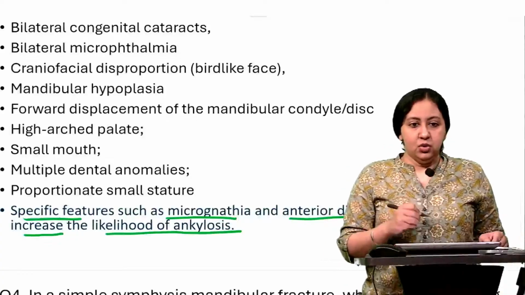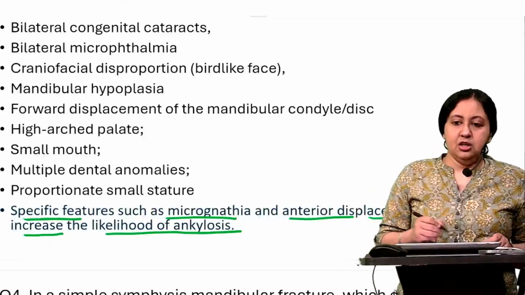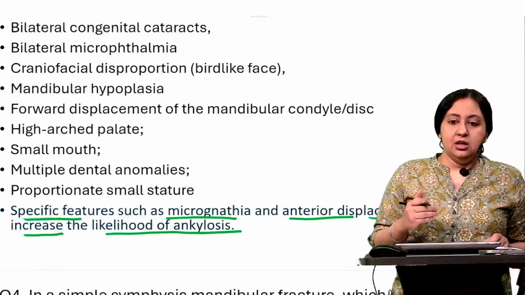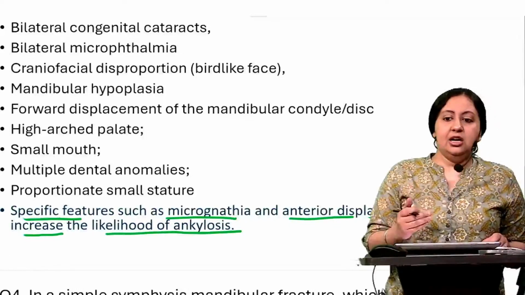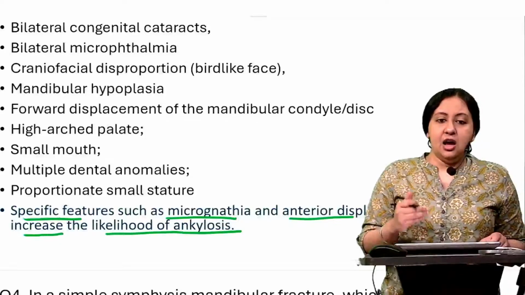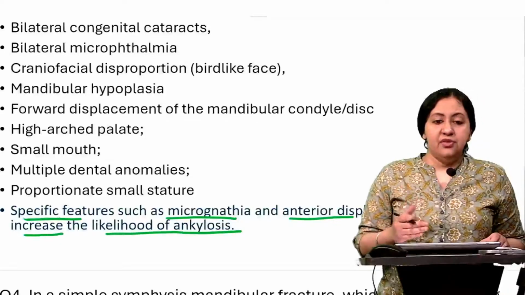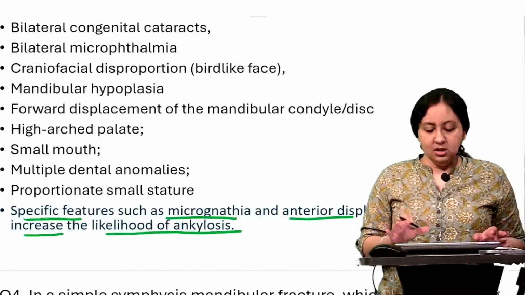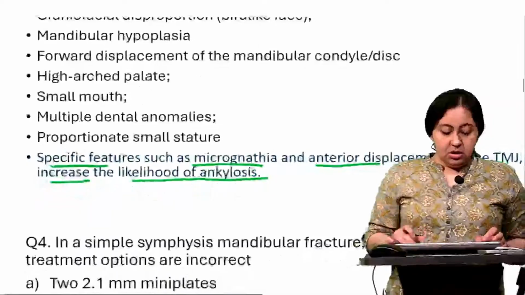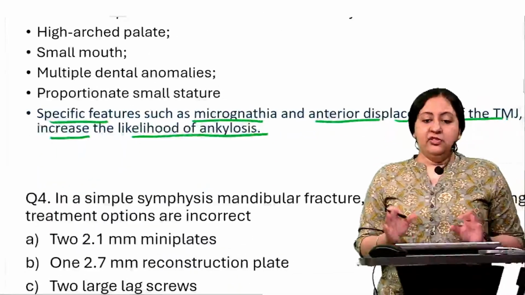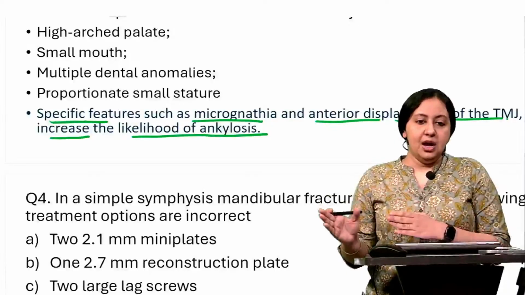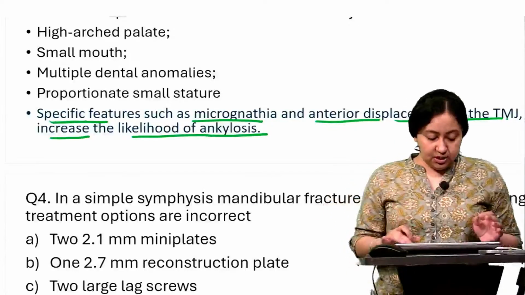Alright, due to this particular point, TMJ ankylosis is more likely to be seen in Hallermann-Streiff as compared to acrofacial dysostosis. Okay, so in future, if you have to mark in this order: Hallermann-Streiff followed by acrofacial dysostosis. All right.